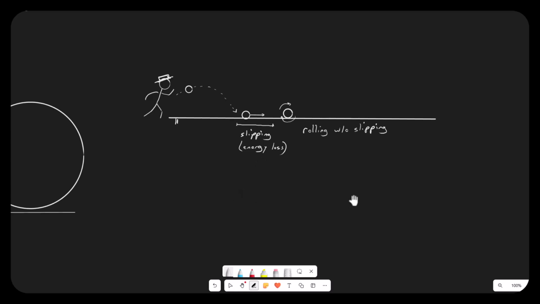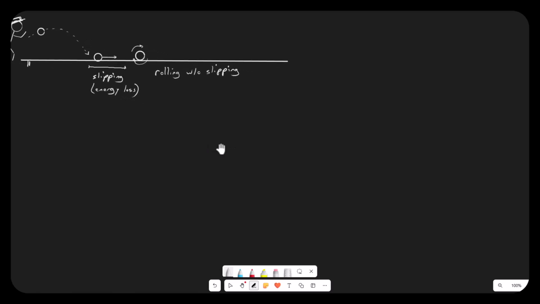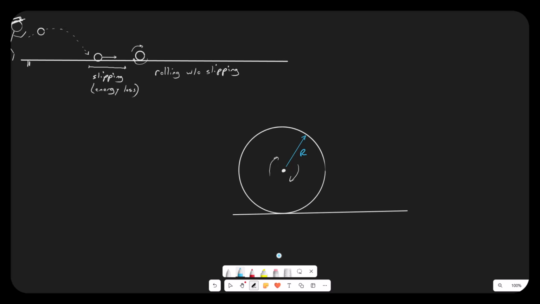The reason all this matters is that when we are rolling without slipping, we can say this. We have a rotation, and we have a radius of the wheel, or of the object. It could be a cylinder or something, right? And we're moving along this way. Our rotational speed happens to be equal to r times omega, because this is our fixed point down at the bottom.